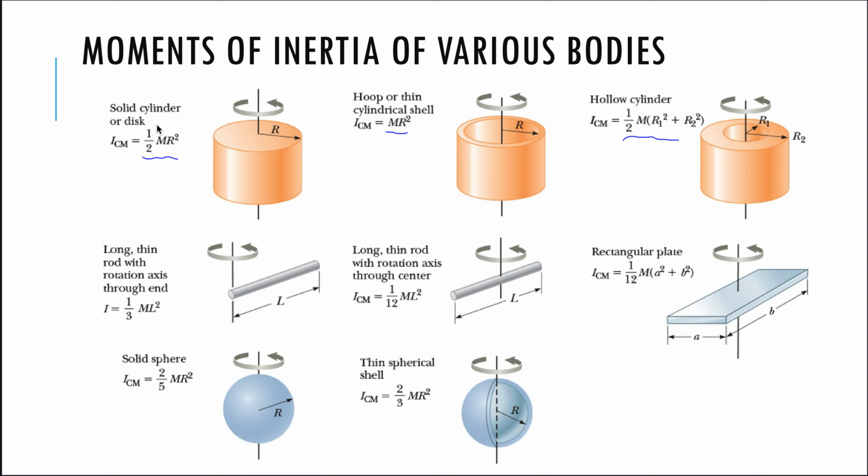For instance, compare a solid disk right here to a thin cylindrical shell, which is a hollow cylinder. We learned that the object that has more mass distributed further away from the axis of rotation has a higher moment of inertia. As you can see, the moment of inertia of the thin cylindrical shell is indeed higher than that of a solid cylinder. So these expressions do make sense.